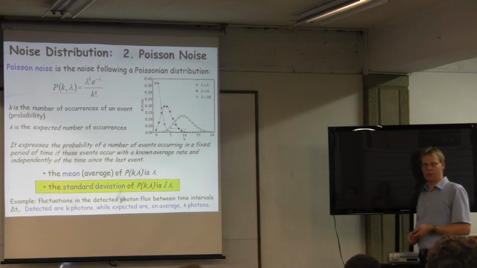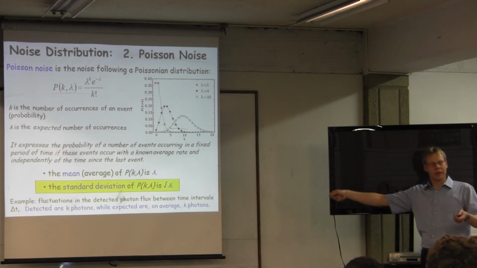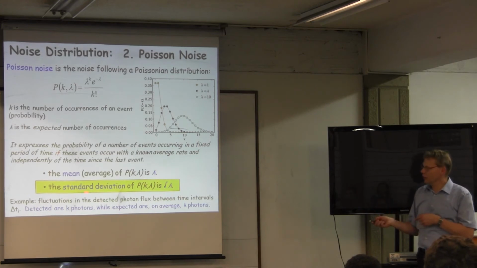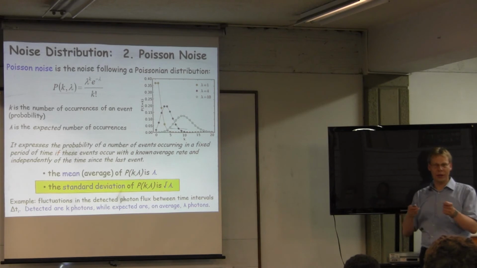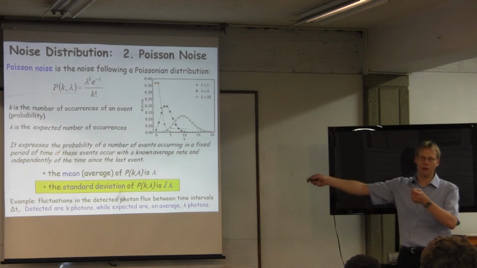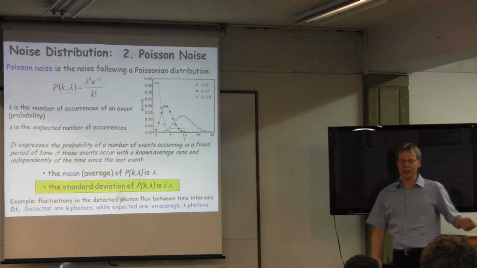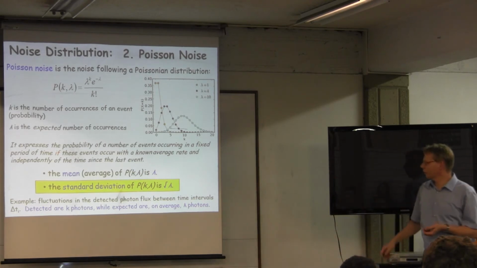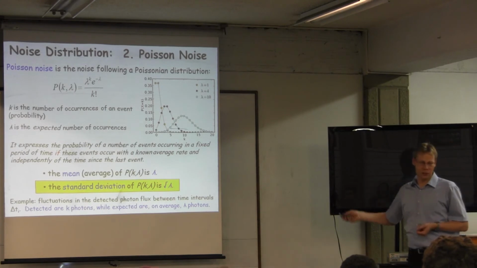Meaning that if you do a series of exposures with the same exposure time, then the average is 100 counts, but within one standard deviation you will have sometimes a bit more and sometimes a bit less, and the standard deviation is 10 counts. Meaning that you repeat measurements and sometimes get 93 counts and then 109 and whatever. But this gives you an idea about the uncertainty in the signal, and that's it.